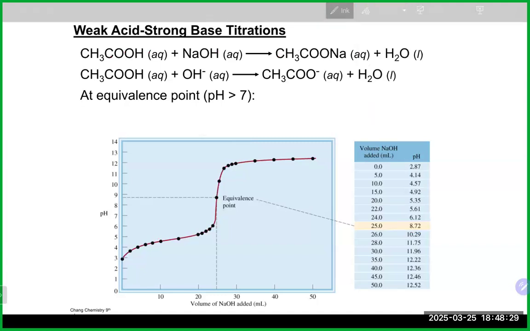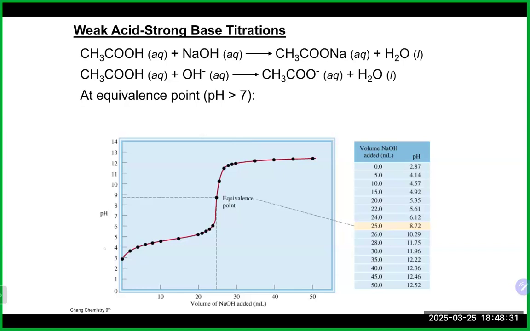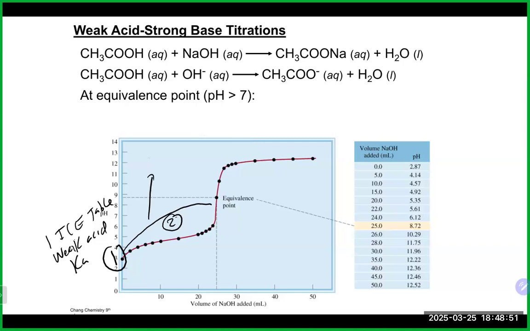In this type of titration, just a summary, at the very beginning, you need 1 ice table for a weak acid. It is basically a Ka problem. Before the equivalence point, you need a minimum of 1 ice table in moles, and you will hit a buffer at this point.